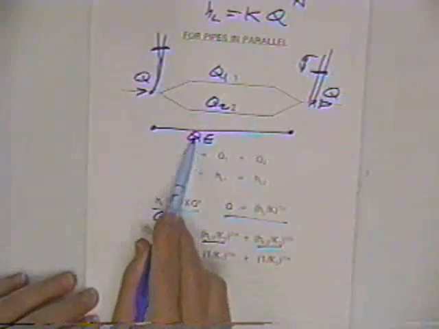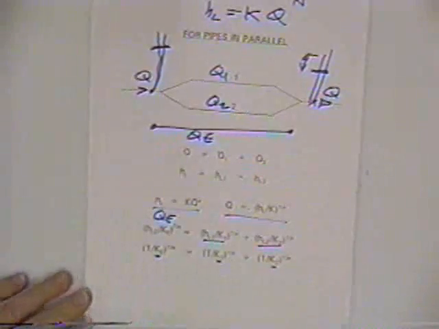All that's just to say that one pipe with that K is equivalent to those two pipes with those two Ks related by that expression. And so for pipes in series and pipes in parallel, we can have those basic relationships.